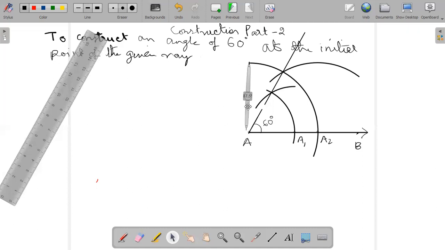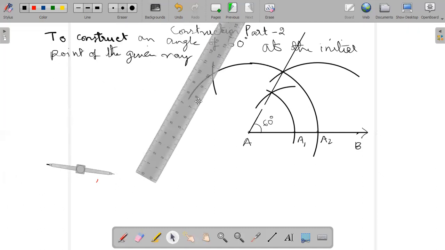Same way we will extend this arc, and then after cutting here, we will cut another arc. Then when we join this, we will get 120 degree.